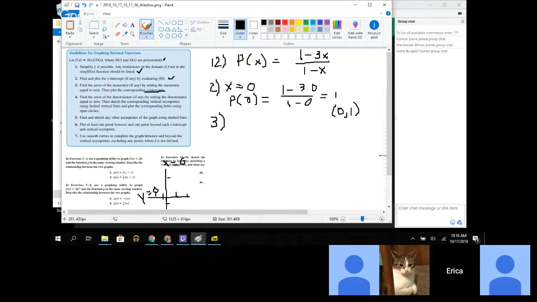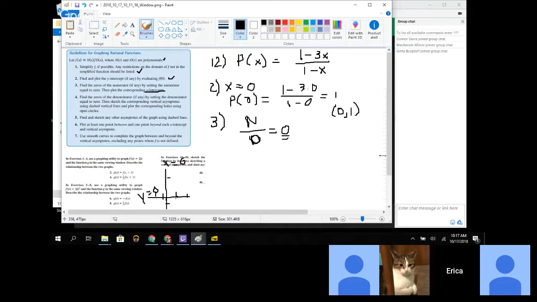There's a shortcut because we have a rational equation, with something in the numerator and something in the denominator, and we want to find out when y equals 0.